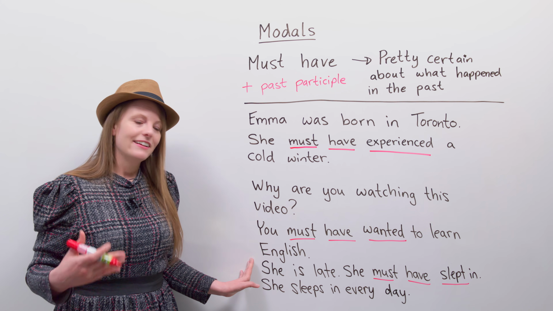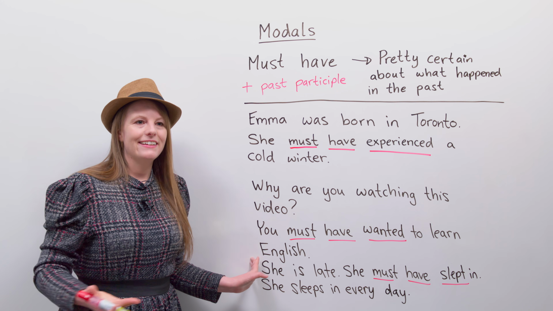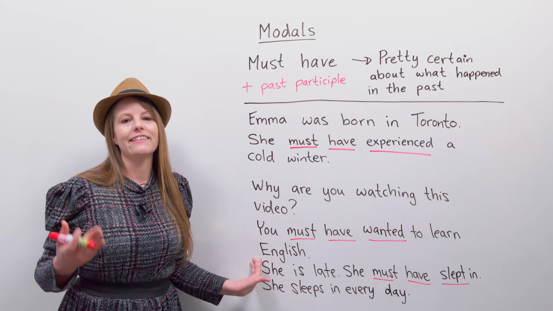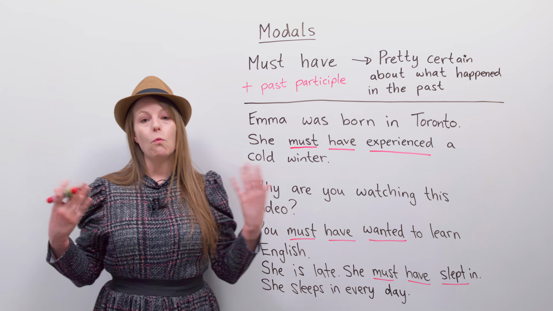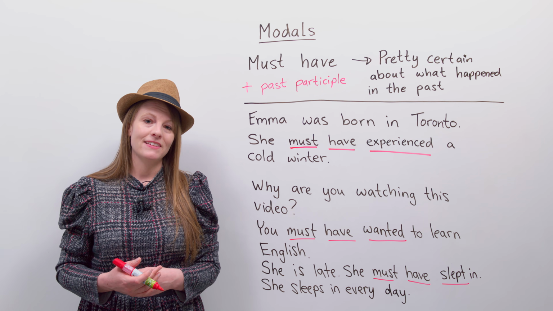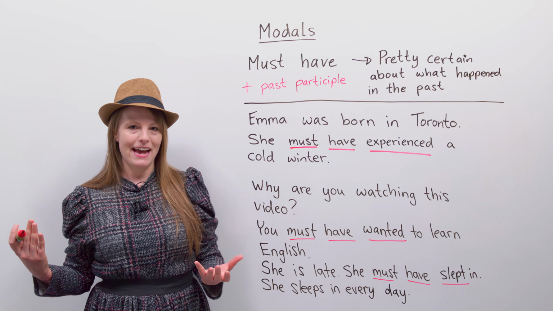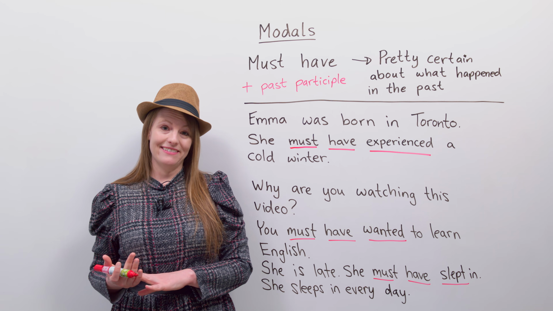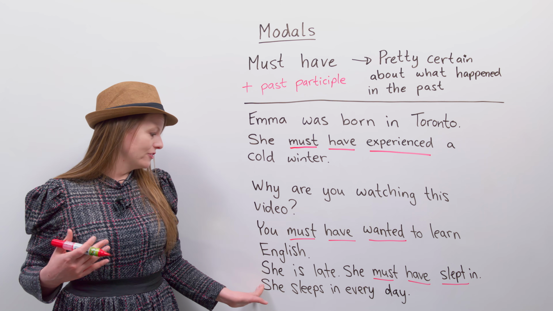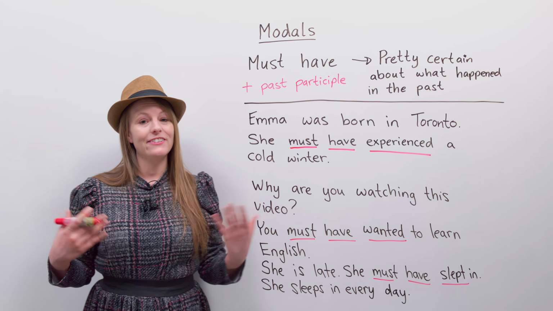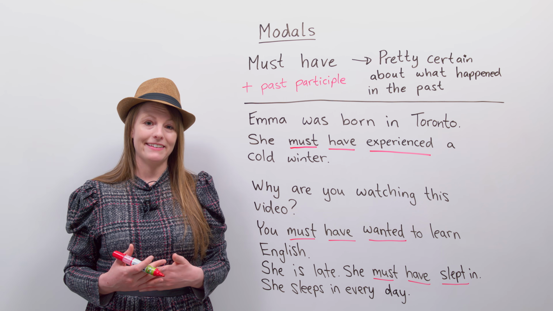She sleeps late. So what I could say about this friend is, ugh, she is late again. Why is she late? Well, she must have slept in. She sleeps in every day. So here's another example of must have.